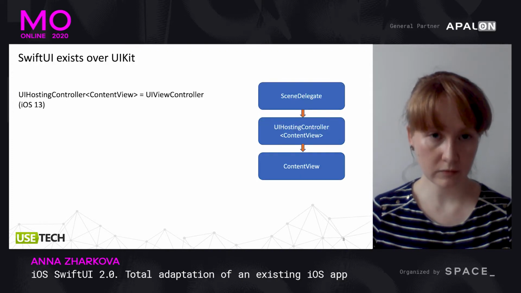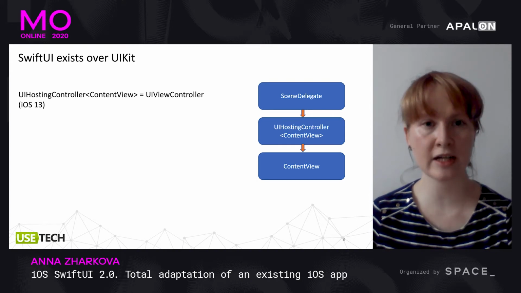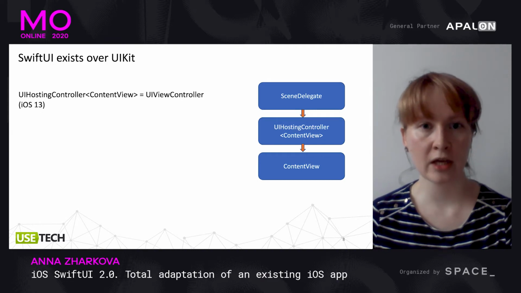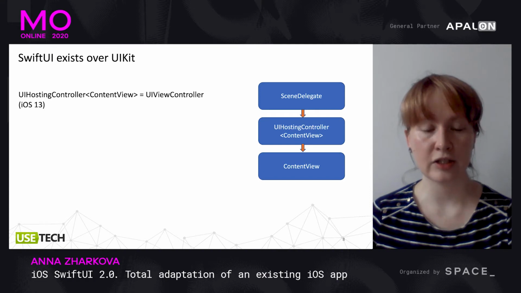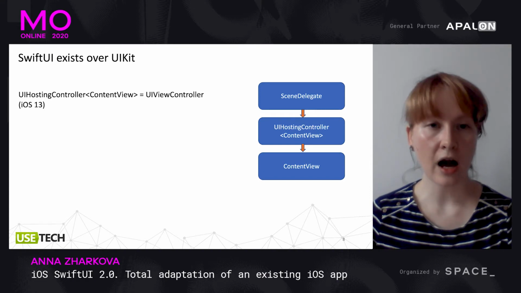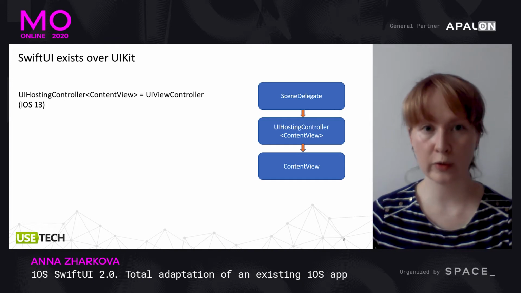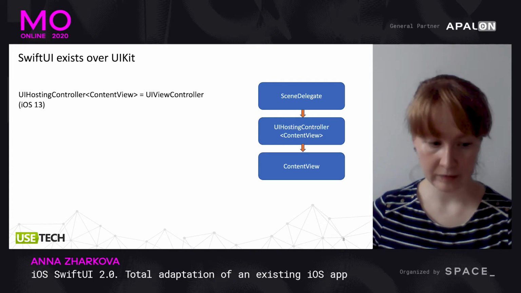So, though there is no need to use UIViewController, the start point of our application should be described as a specific UIViewController, UIHostingController, that takes our content view as an initializer parameter. And this UIHostingController will be placed as a root controller to the window property in our SceneDelegate.